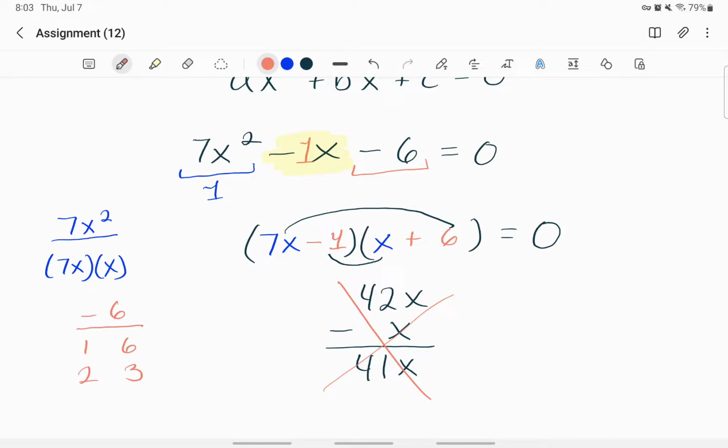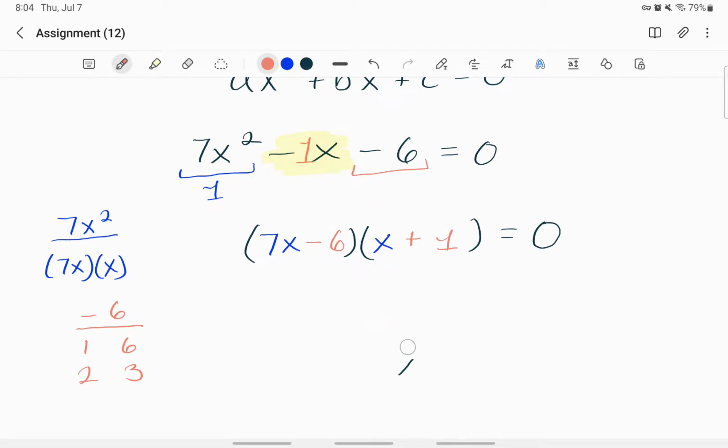Okay. Let's switch the numbers around. Let's make this minus 6 plus 1. And we're going to redistribute. 7x times 1 is 7x. Negative 6 times x is negative 6x. 7x minus 6x is positive 1x.